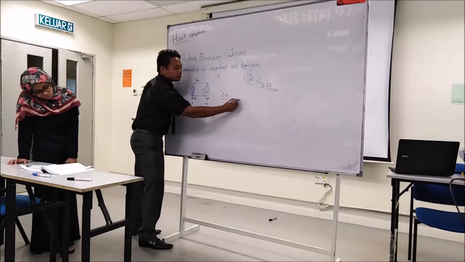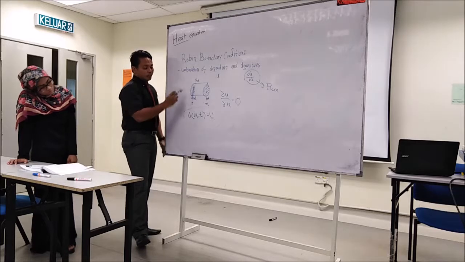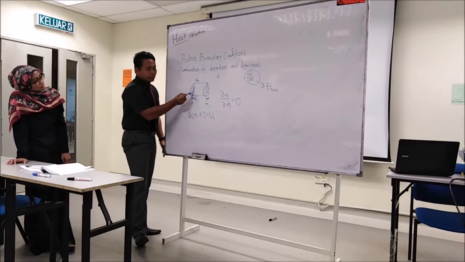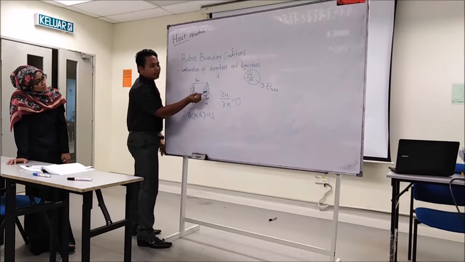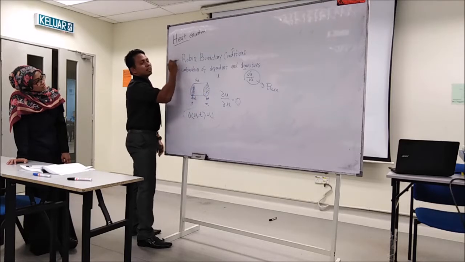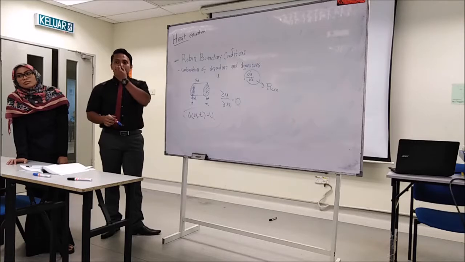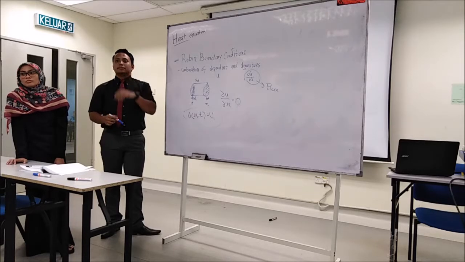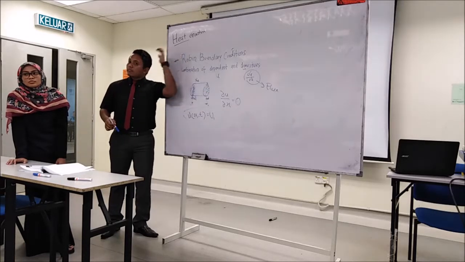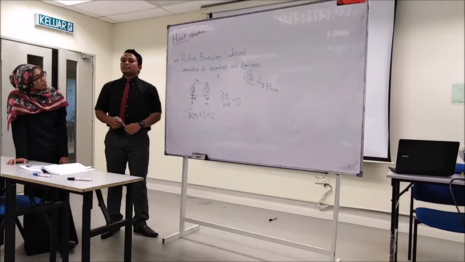In this case, we use 0. So if we know the temperature here and we know the heat flux here, therefore it is the Robin boundary condition. And it is not necessarily constant as well.